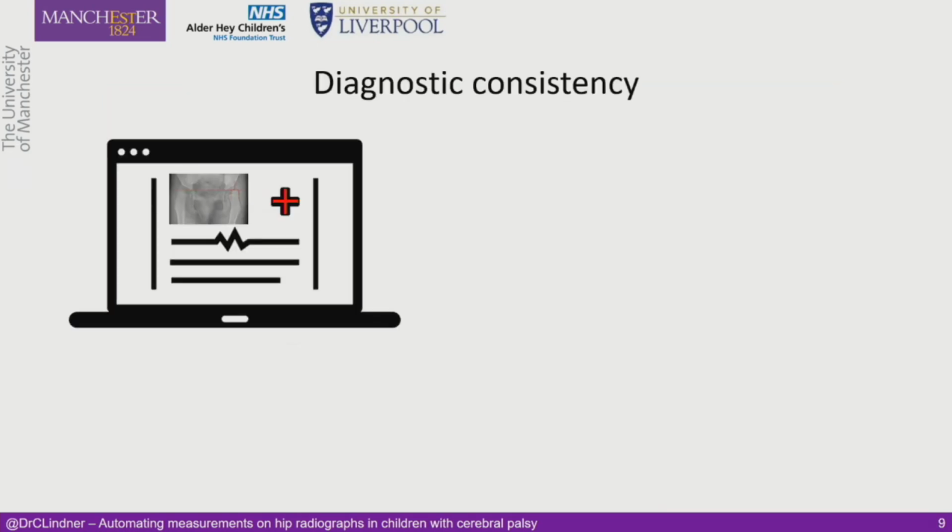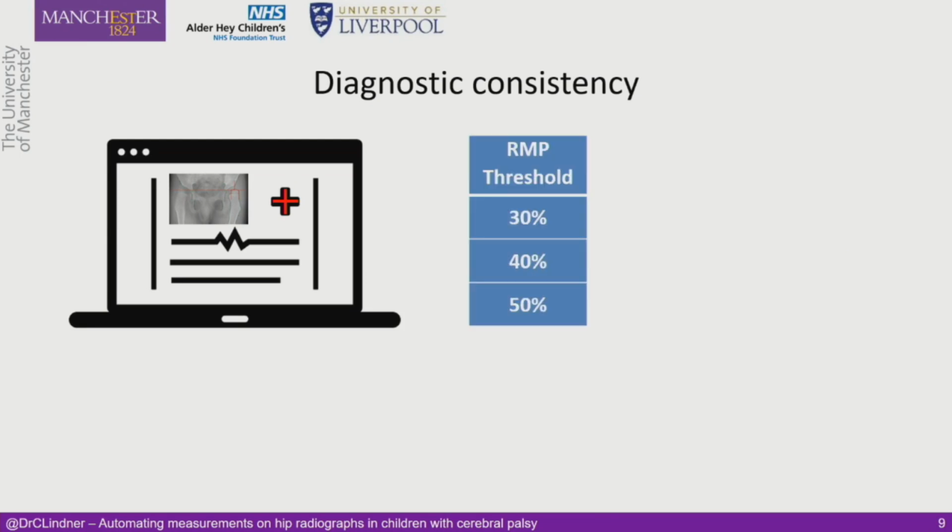We also looked into the utility of the technology to support decision-making in the monitoring of patients with hip migration. We did this by looking at the diagnostic consistency between using the automatic measurements and using the manual measurements for 3 thresholds of ramus migration percentage.